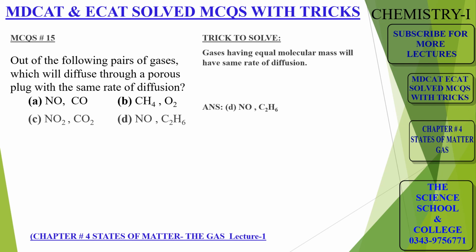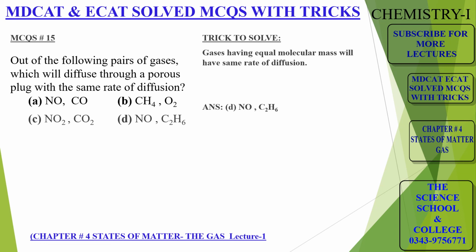To solve this MCQ, you must know that gases having equal molecular masses will have the same rate of diffusion. Meaning if the molecular mass of two gases is equal, then their rate of diffusion will also be same or equal.